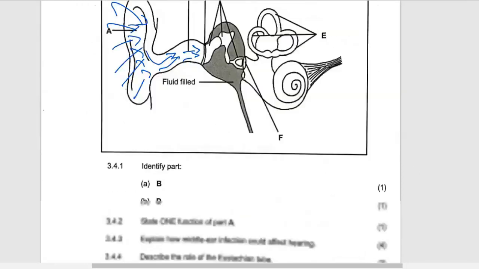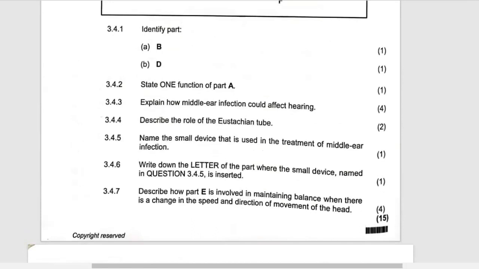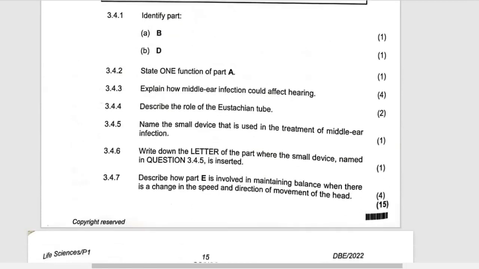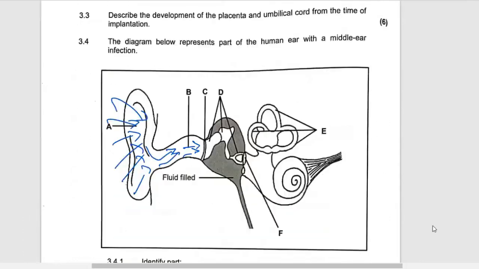And then another question, they're saying: name the small device which is being used to treat the middle ear infection. Remember, this device is supposed to be used where we cut here, and then we suck out all the fluid which is inside here.